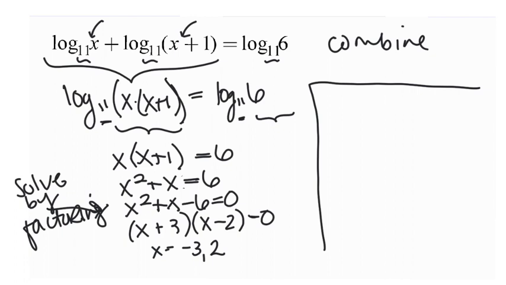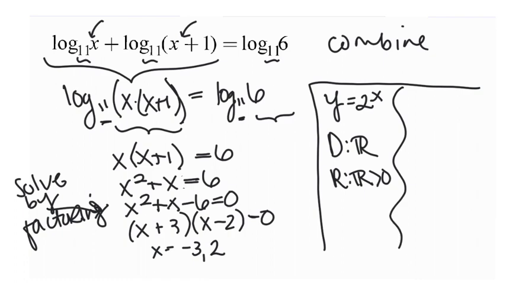When we talked about y equals, let's say, 2 to the x, the domain was all real numbers, and the range was positive numbers. And then when I go over here and graph the inverse, I'm going to have log base 2 of x equals y.